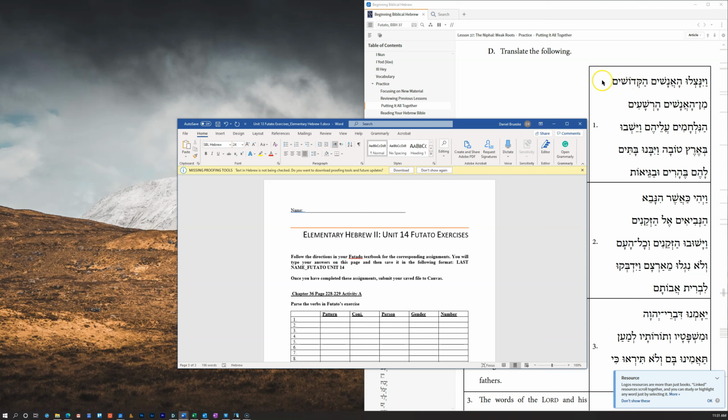Again, for some reason, my electronic version on the Hirik Yods often leaves off the Hirik, but this is HaKadoshim. So they delivered the holy men from Ha-Anashim, Ha-Rashaim, the wicked men. They delivered the holy men from the wicked men.